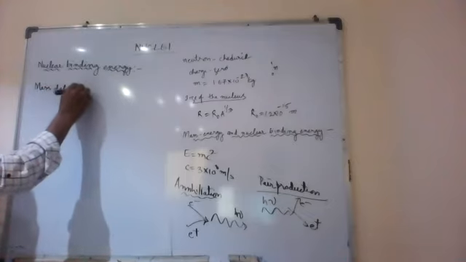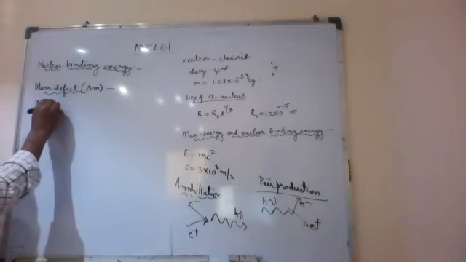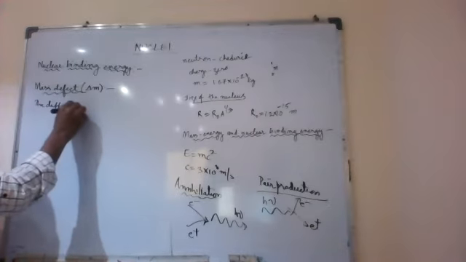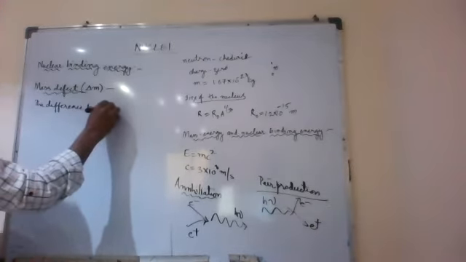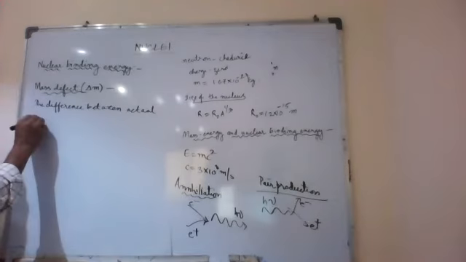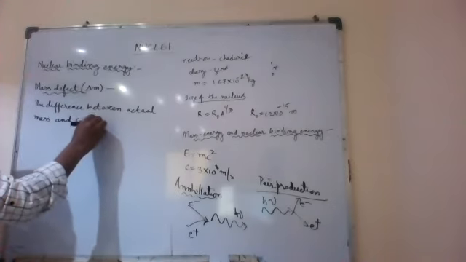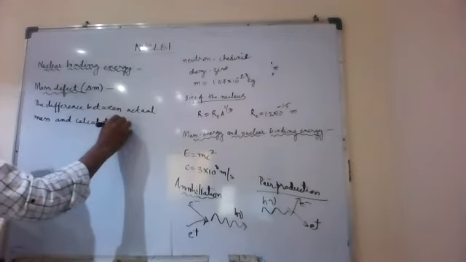Mass defect is delta M. It means the difference between actual mass and calculated mass. The difference between actual mass and calculated mass is said to be mass defect.